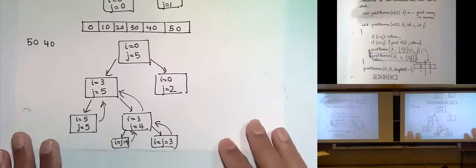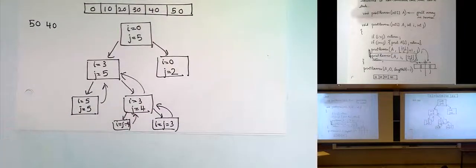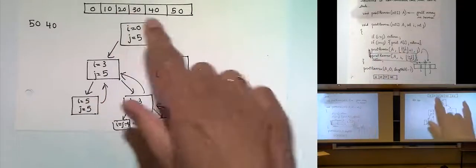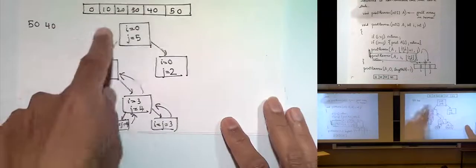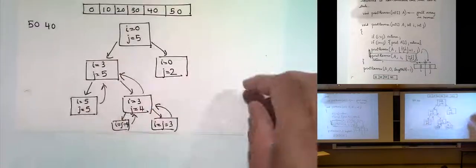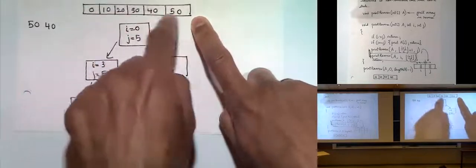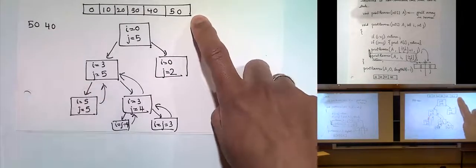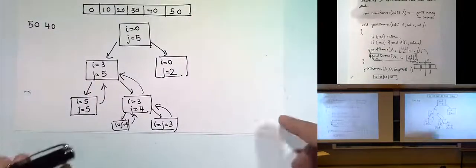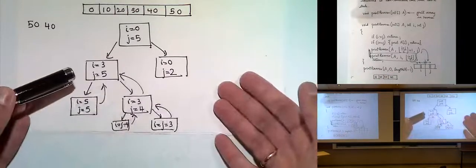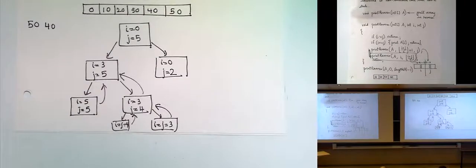I want to simulate this code on this input here. 0 going to 5, right? So 0, 1, 2, 3, 4. And the way that you would simulate this code on paper is by making this thing called a box trace, where you basically write out sort of the recursion tree.